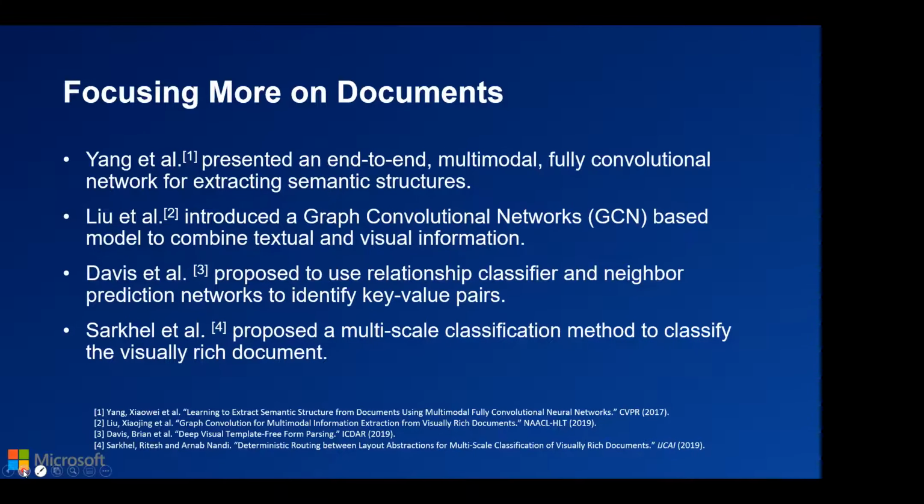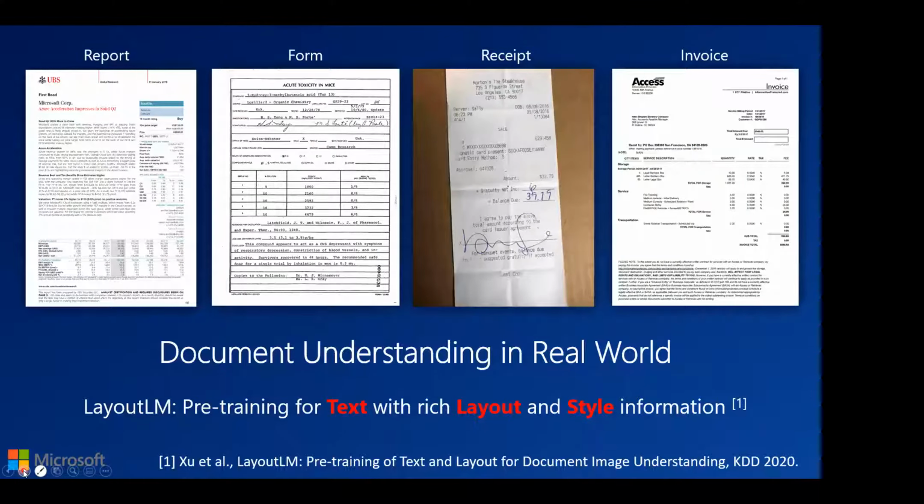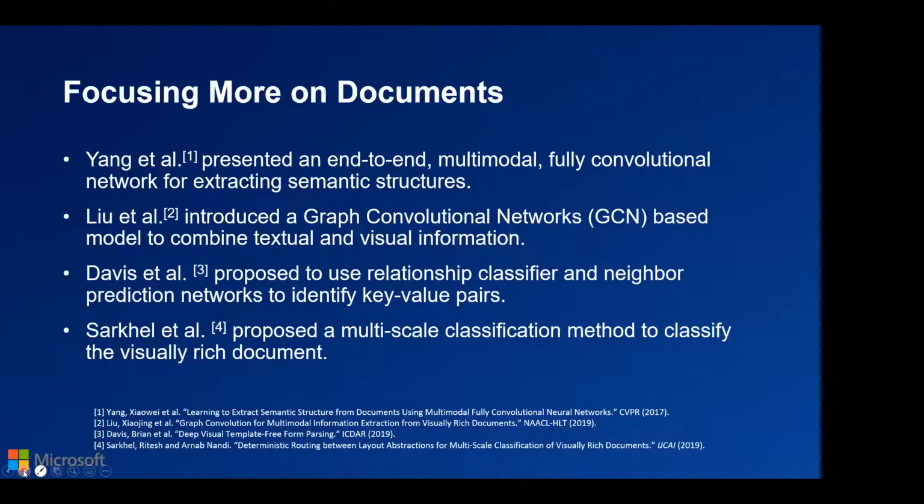Some of the popular approaches, such as graph neural networks, are very natural, because you think of these text lines with bounding boxes and you say, well, nearby text lines should connect. So this is like a graph convolutional approach. And then there are other approaches that use relation classifiers or multi-scale classification, etc., to do document parsing.